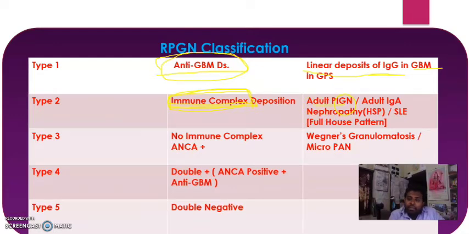The causes are post-infectious glomerulonephritis, which is usually post-streptococcal, though it can be MRSA also, adult IgA nephropathy, Henoch-Schonlein purpura, HSP, and SLE. In SLE, a full house pattern is seen in immunofluorescence, because all sorts of complements and antibodies will get deposited. Type 3 is ANCA positive. ANCA positive diseases are Wegener's granulomatosis and microscopic polyangiitis. This is small to medium vessel vasculitis. Type 4 is double positive, and type 5 is double negative.